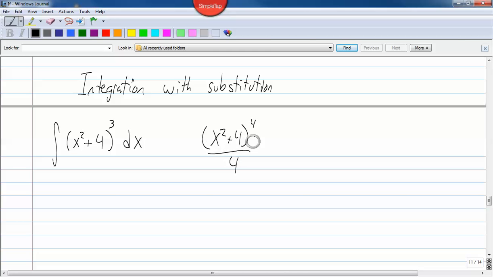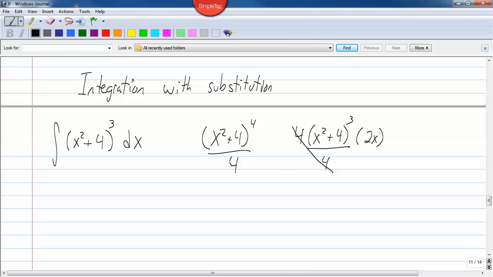So if I took the derivative, that would be 4 times x squared plus 4 to the third over 4 times, then you got to do the derivative of the inside, 2x. And so you can see this is not the same thing as this. It's close, but it has this 2x right here.